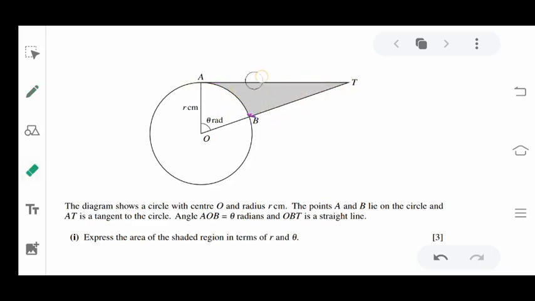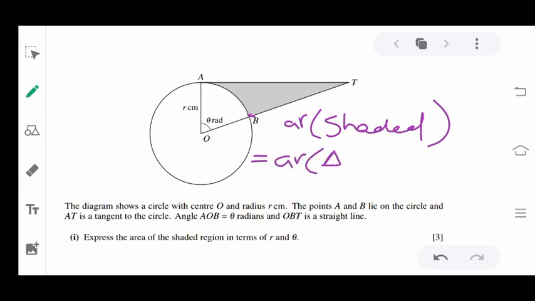Okay, so the area of this shaded region is area of triangle OAT minus area of sector AOB.